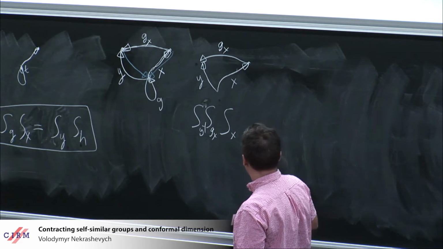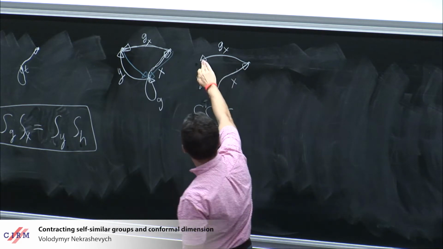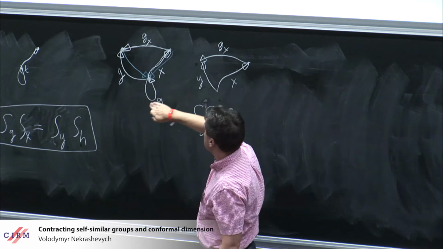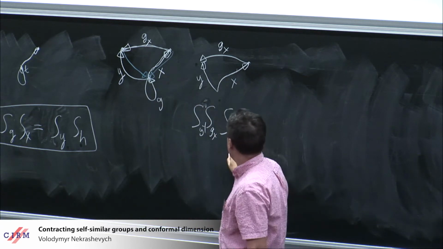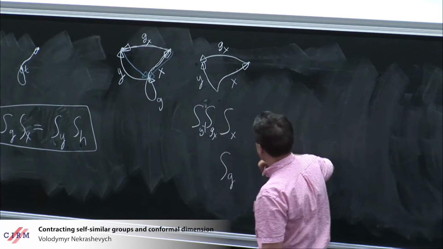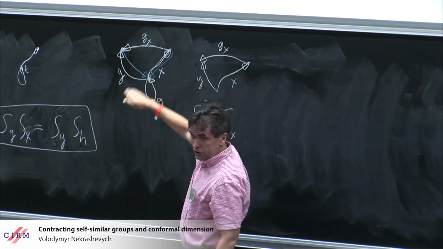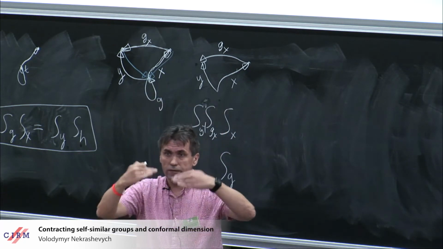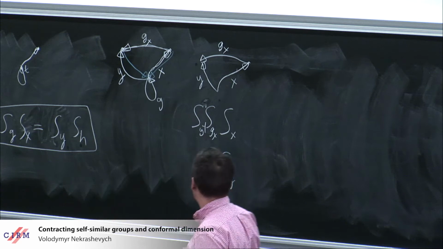And by definition of G, Sg is the automorphism of the tree defined by G. So it's defined by lifts of G everywhere.